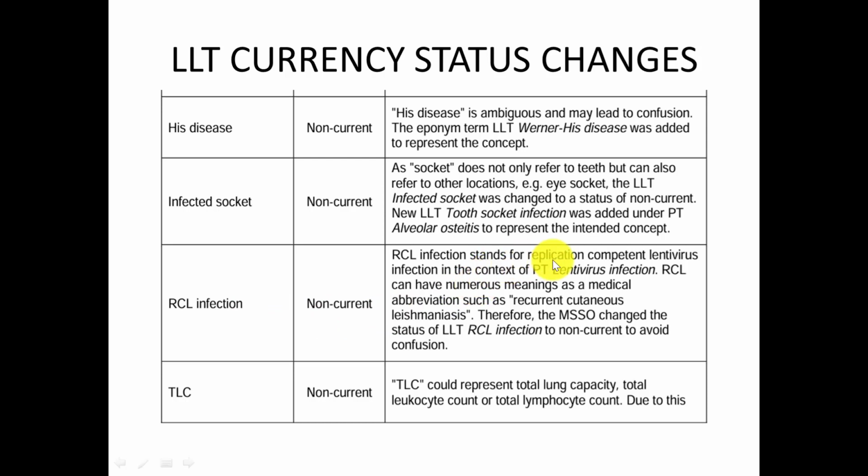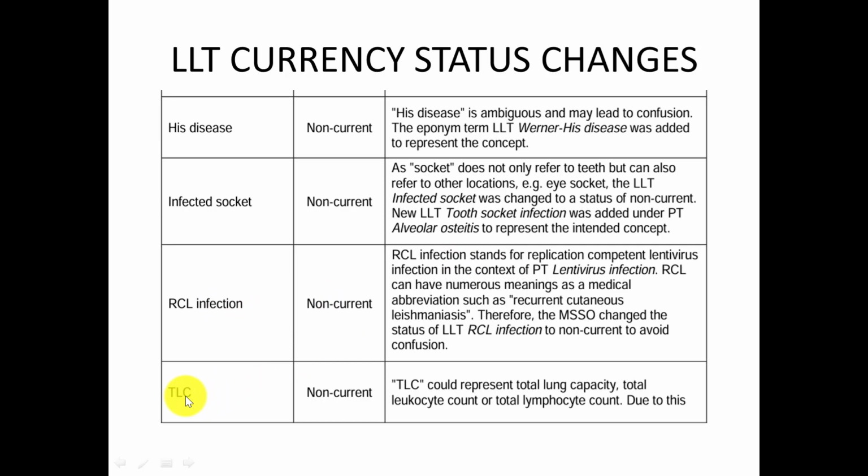Then RCL infection. RCL infection stands for replication competent lentivirus infection in this context, but RCL can have numerous meanings, like recurrent cutaneous leishmaniasis. Whenever there are such confusing terms, or one short form is used for multiple medical abbreviations, to avoid that confusion, RCL infection is now made non-current.